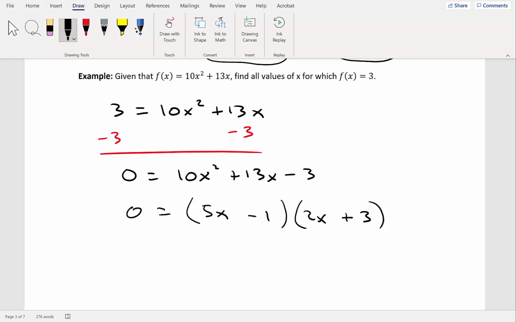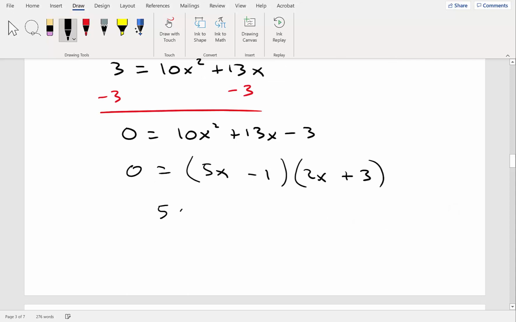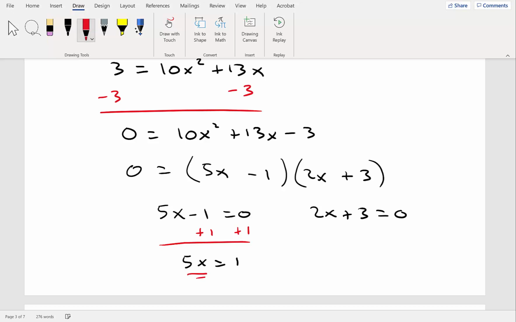Now we set each factor equal to 0 and then solve it. So we have 5x minus 1 equals 0, and then 2x plus 3 is equal to 0. First equation, add 1 to both sides. You get 5x is equal to 1, and then divide both sides by 5. You get x equals 1/5. Second equation, subtract 3 from both sides.